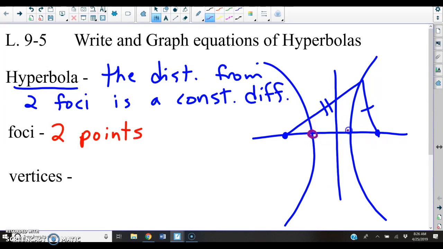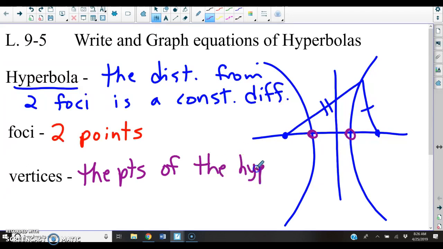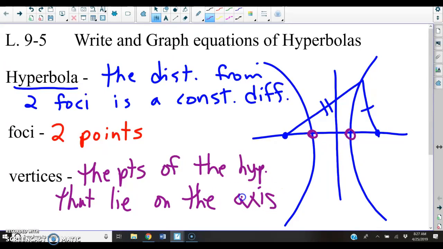The vertices are the points of the hyperbola that lie on the axis. I know there's a name for it and it's coming up, but it lies on the segment that connects your foci.